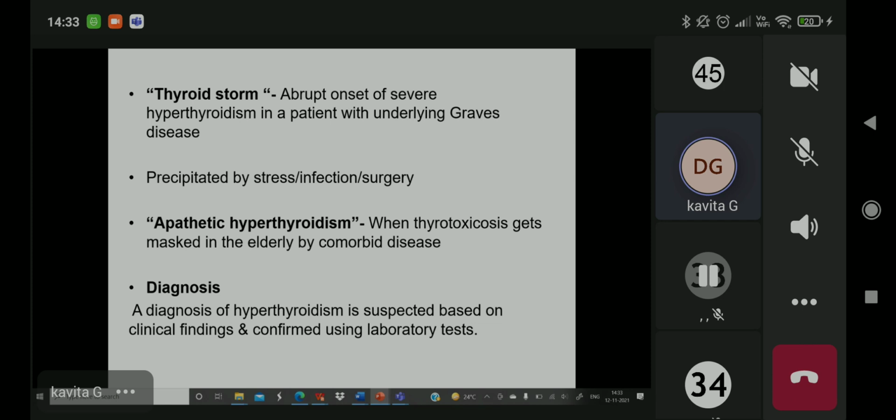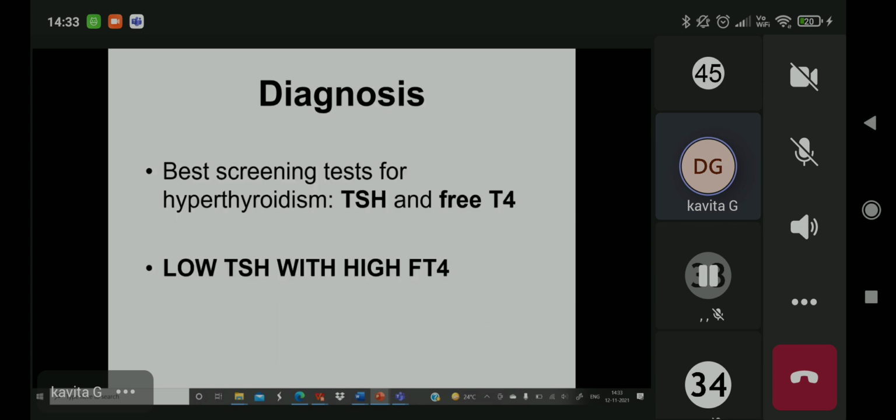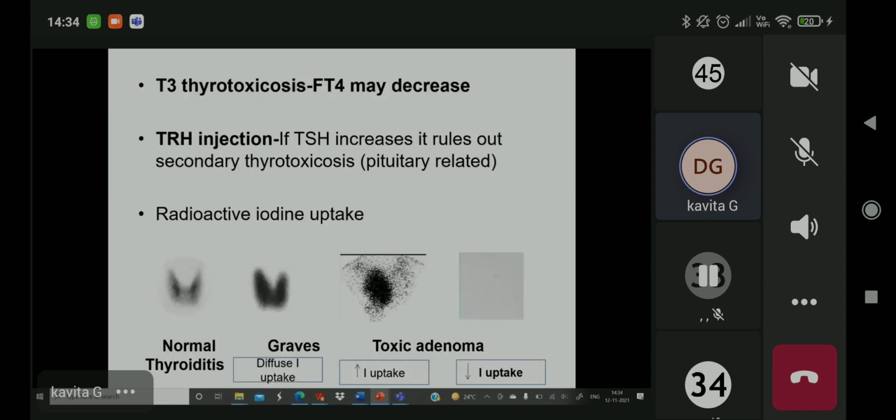So diagnosis of hyperthyroidism is again like hypo, based on clinical findings and confirmed by the lab test. The best screening tests are TSH, free T4. Here the combination is reversed. Low TSH with high FT4 gives you your diagnosis.